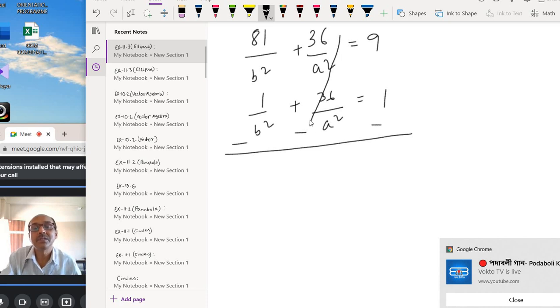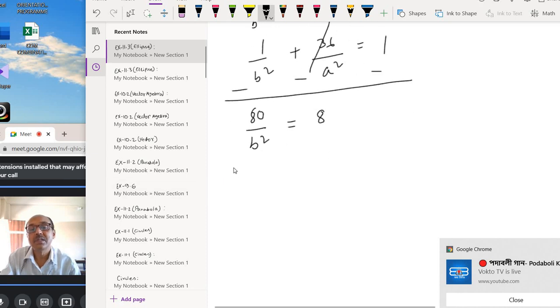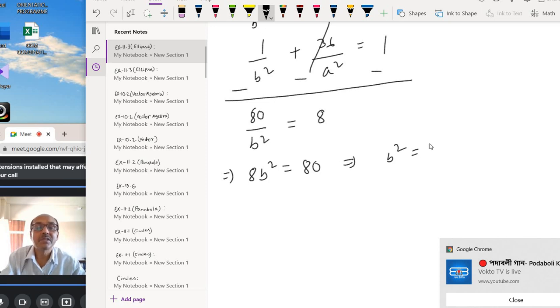And 81 minus 1 is 80, so 80 by b square equal to 9 minus 1, which is 8. Cross multiply: 8 b square equal to 80. Then b square equal to 80 by 8, equal to 10. Okay, b square equal to 10.